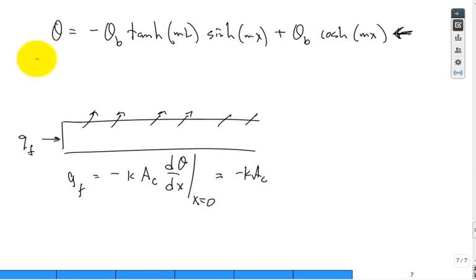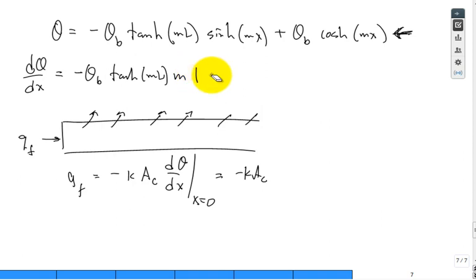What is d theta dx equal to? This is a constant, theta b. Hyperbolic tangent of ml is a constant. We have the sinh. Doesn't that give m times the cosh of mx plus theta b times m times the sinh of mx? Did I do that derivative right?